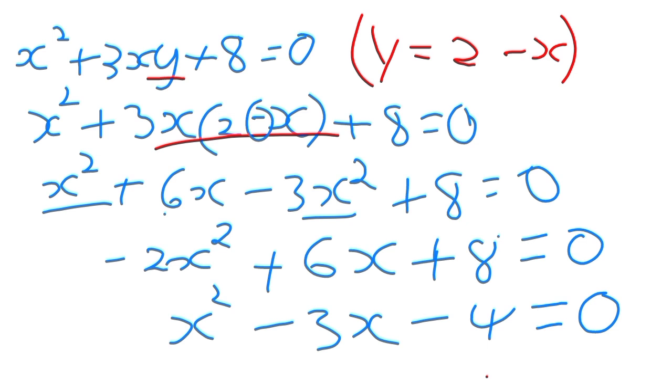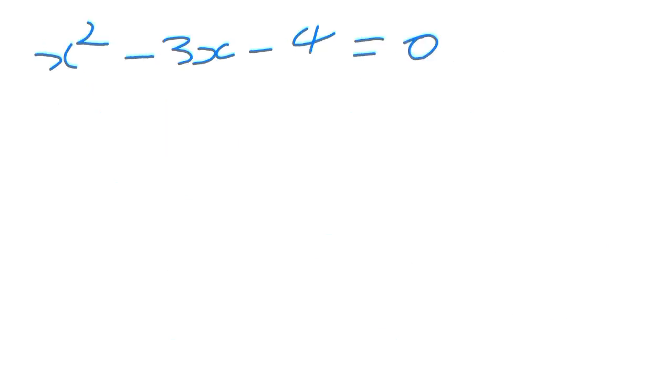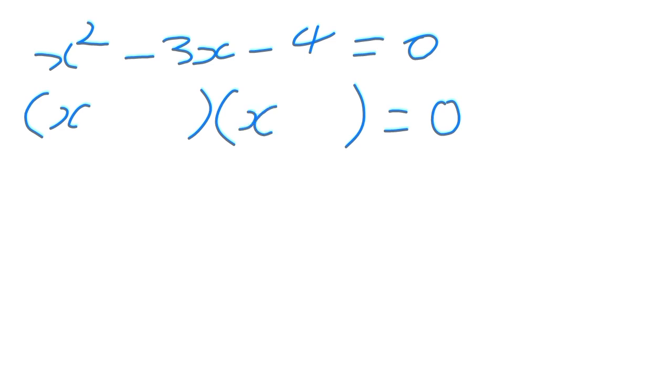So in this case, we just have to factorize in order to find the value of x. So now we are looking for the factors of 4, of which when you add, they give you negative 3. So yes, let us put our brackets first. So the factors of 4 are basically 4 and 1, because negative 4 plus 1 is going to give you negative 3.